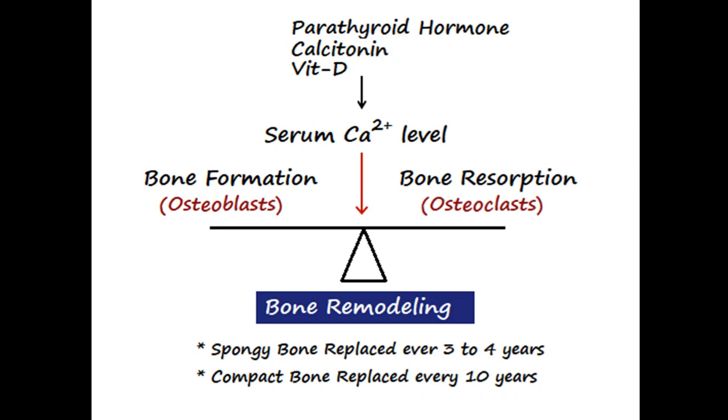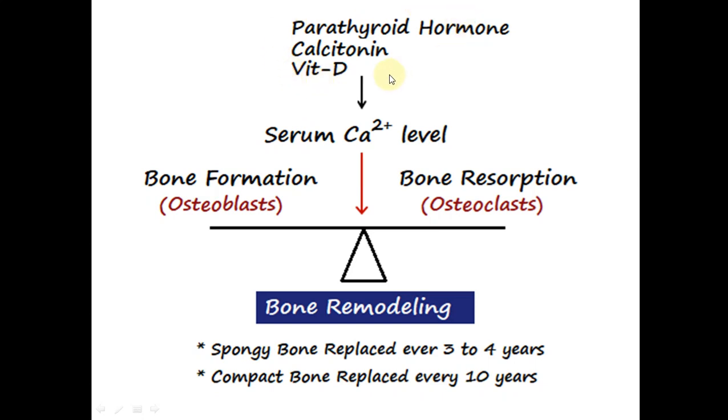We know that vitamin D, particularly the active vitamin D3 or calcitriol, is produced by the kidney under the effect of the parathyroid hormone, and this active vitamin D3 increases the absorption of calcium from the gastrointestinal tract.